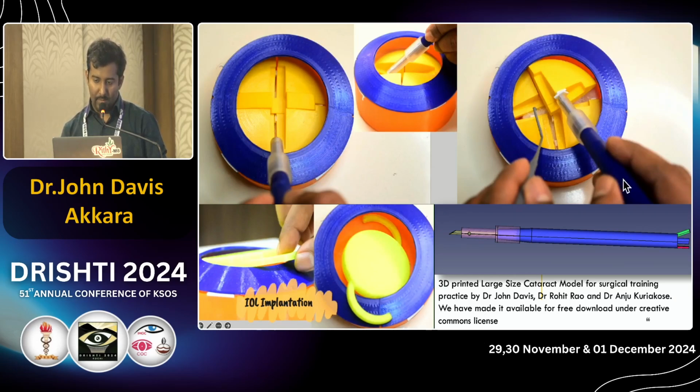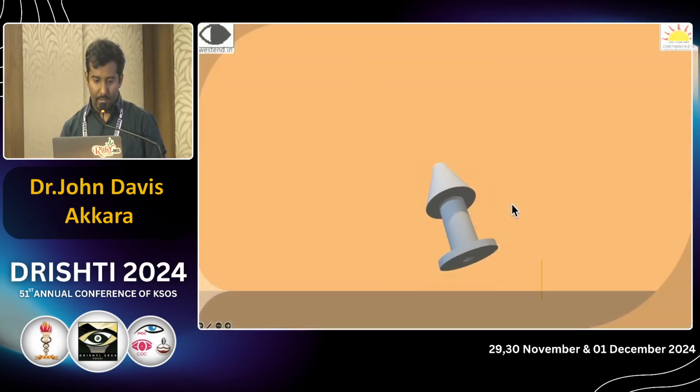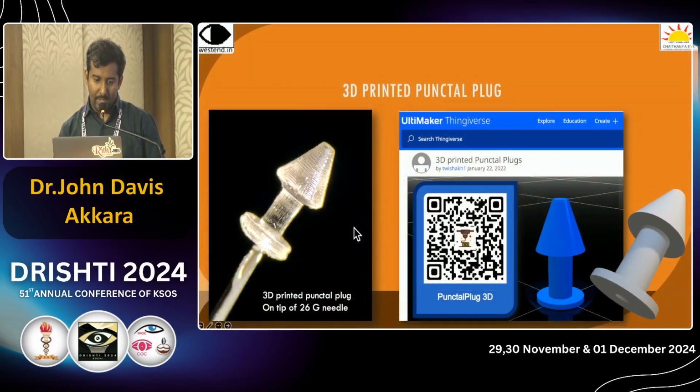And this is also Phaco Pro, which is 3D printed, and this is a translucent printed sleeve also. So all these things are 3D printed. And this is a 3D printed punctal plug, and this was designed actually by MBBS students when I was teaching in Ramachandra. So it is not very difficult to start learning how to do 3D designing also.